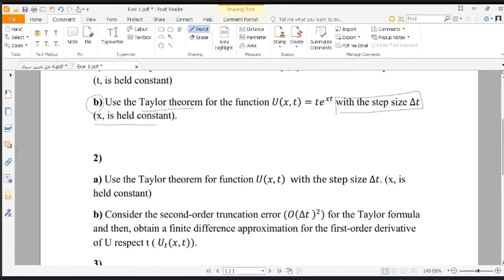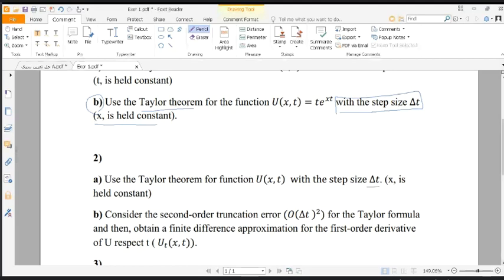For question 2, at part A, we use the Taylor theorem for function u of x and t with the step size delta t, x is held constant.